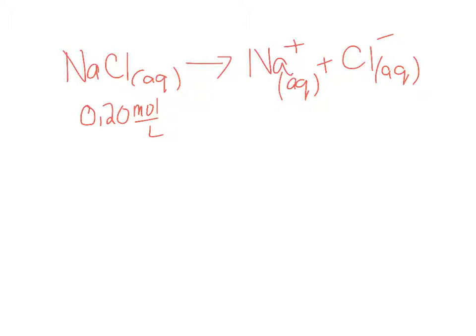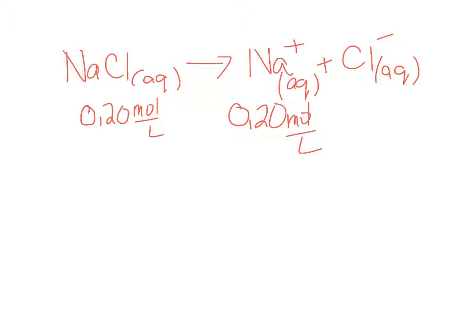We just did an analogy on the board. So take a wild guess. Matthew? 0.20 moles per liter. For every 1 sodium chloride that gets split apart, you make 1 sodium ion.